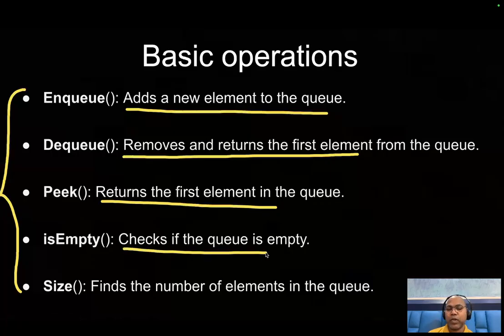Similarly, you want to check whether the queue is empty or not. Maybe you want to find the size, the number of elements in the queue. These are the basic operations we can generally implement while implementing the queue data structure.